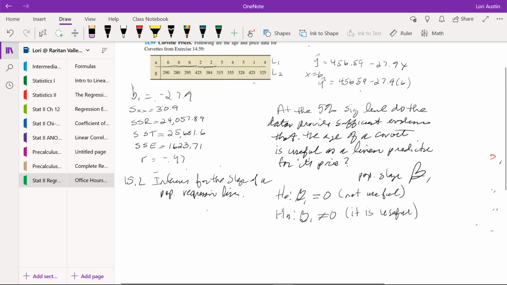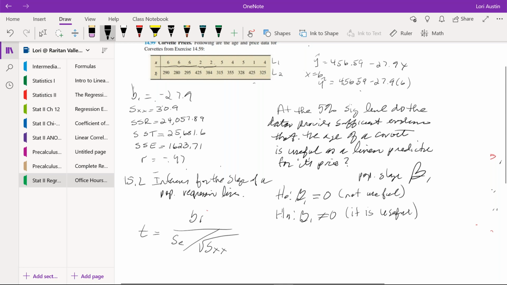I believe the formula is, we're obviously going to start with our sample slope of b sub 1. Then it has this new value s sub b. Yep. And it's divided by the square root of S sub xx. Correct? Yep. Correct. Good. So the new value is this s sub b value.